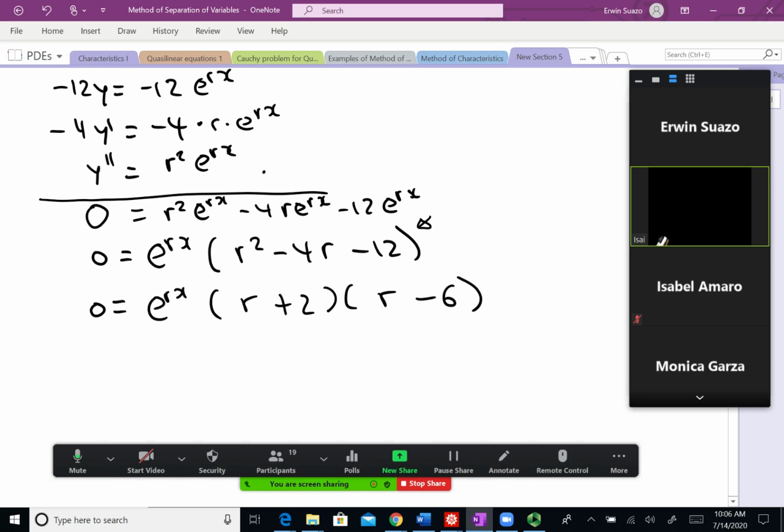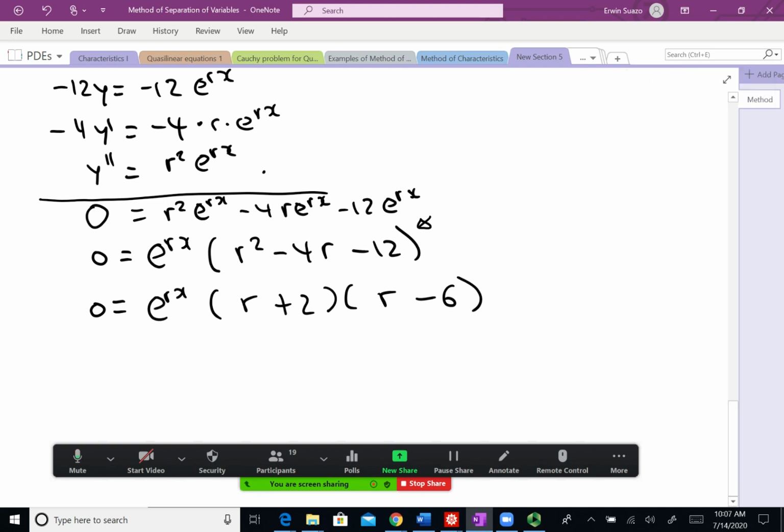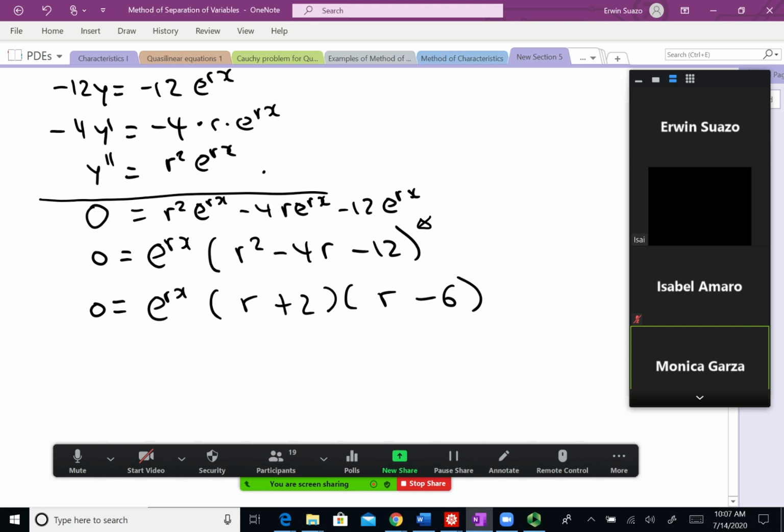What could be the other way? How do you solve that for r? Quadratic formula, right? So you could use the quadratic formula here. But this one is nice. So you can do 2 minus 6 is minus 4, and 2 times minus 6 is minus 12, and so that's a way of factorization.